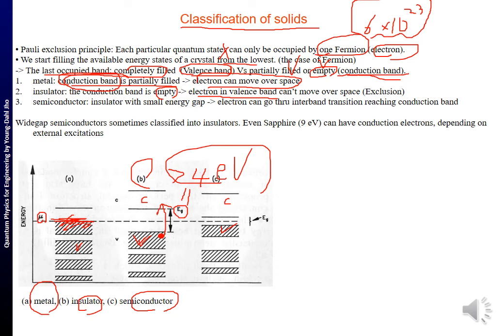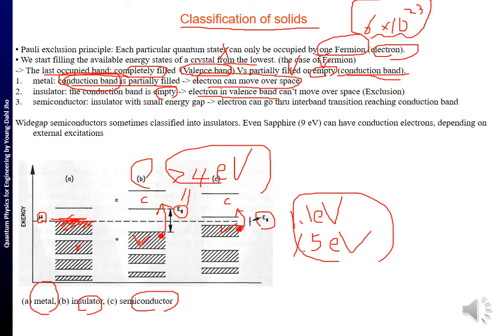If the band gap is not high, like in the case of silicon at 1 electron volt or gallium arsenide at 1.5, then it is easily excited. We mean electrons in the valence band will go into the conduction band by, for example, external voltage.